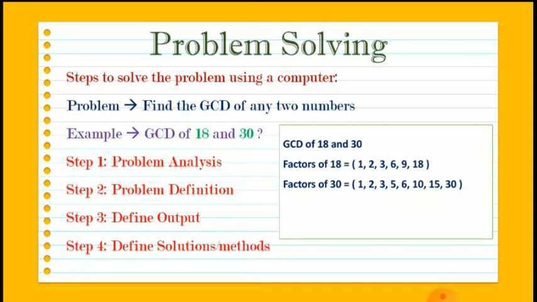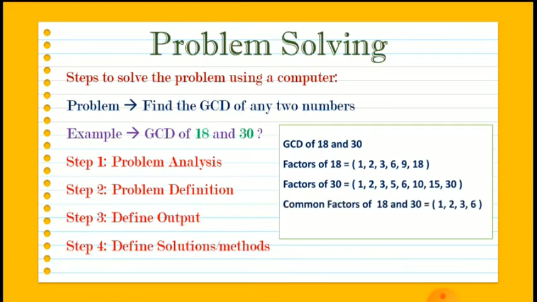Here 1, 2, 3, 5, 6, 10, 15 and 30 are the possible factors of 30. Now you got the factors of 18 and 30 separately. Now find the common factors.